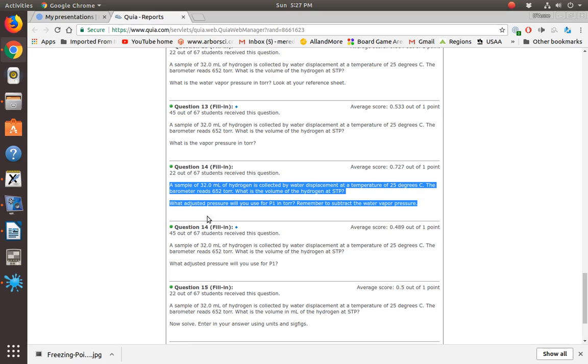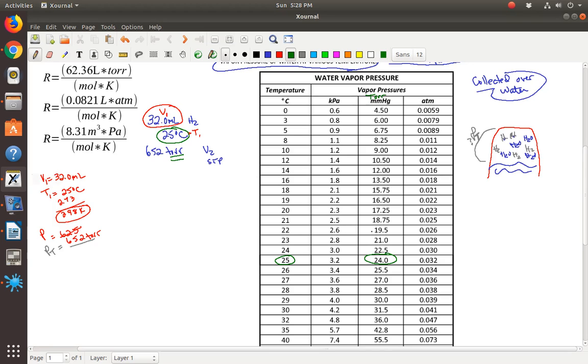And that was really the first question on this. What is the water vapor pressure at 25 degrees Celsius? It was just 24 torr, based on this right here. So I'm now going to have to subtract out that 24 torr from the 652, and I get 628. 628 torr is my real P1.